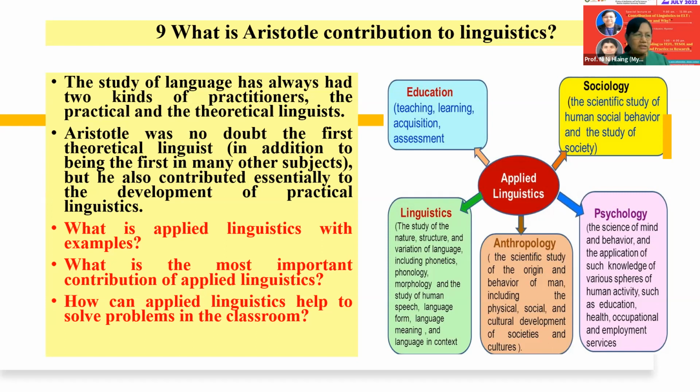So the questions are, what is applied linguistics with examples? And the second one, what is the most important contribution of applied linguistics? And the next one, how can applied linguistics help to solve problems in the classroom?